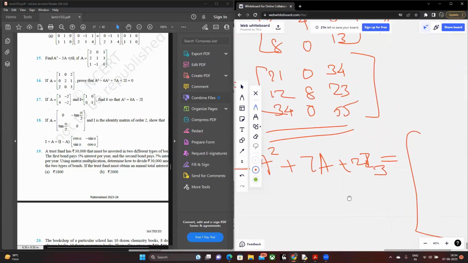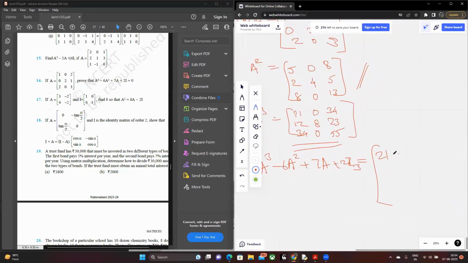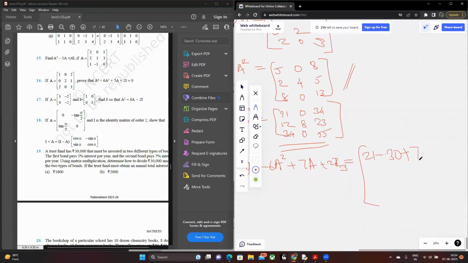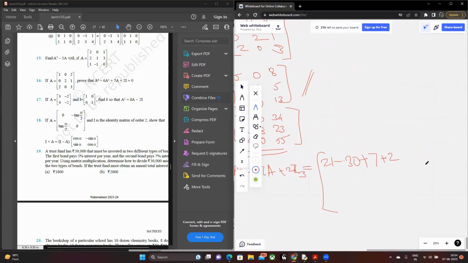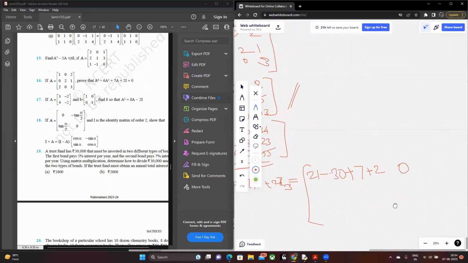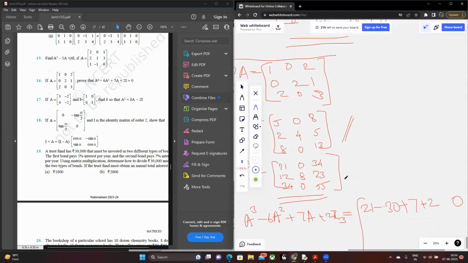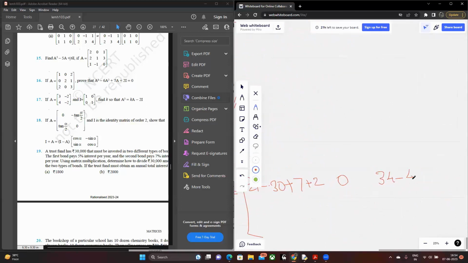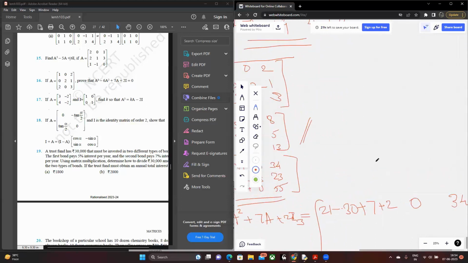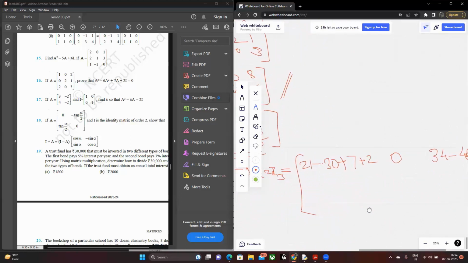So this is equal to A cube, that is 21, minus 6 times A squared, that is 30, plus 7 times A, that is plus 7, plus 2. Then you have 0, 0, 0 and 0. This is 0, right? And then you have A cube minus 6A squared, that is 6 8s are 48, plus 7 times 2, that is 14. And I is of course 0.